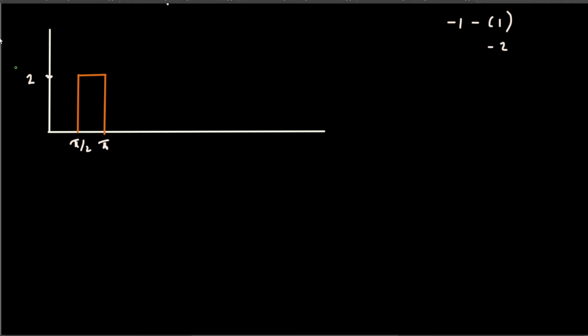So we are going to have a graph. The height here is minus 2, and this is going to 3 5 by 2.